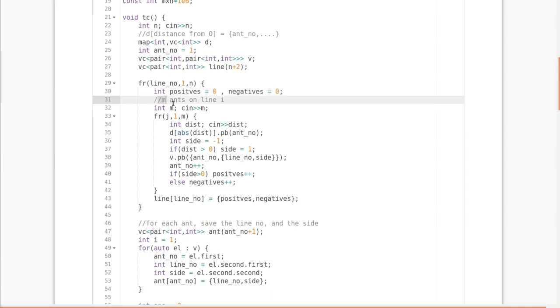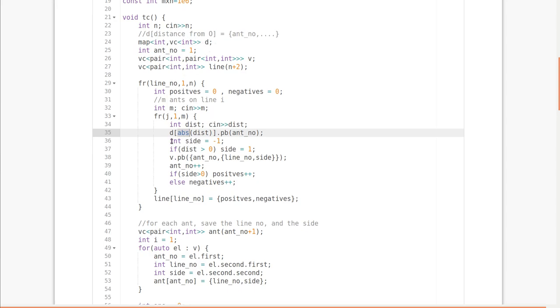So there are m ants on line I get m, and then for each ant I'll input the distance of this ant from point O. This distance can be negative, which will represent the direction in which it is moving, but that does not matter for us. I'll take the absolute value of that distance, and I'll push back this ant number in this map.